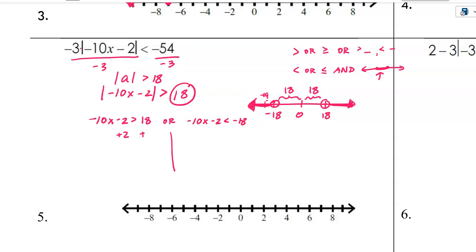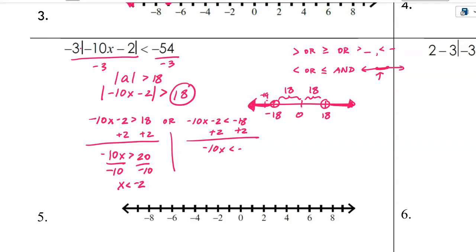So greater than 18 or negative 10x minus 2 is less than negative 18. So we have a plus 2 on both sides: negative 10x greater than 20, divided by negative 10. So x is less than negative 2. Plus 2, negative 10x less than negative 16.